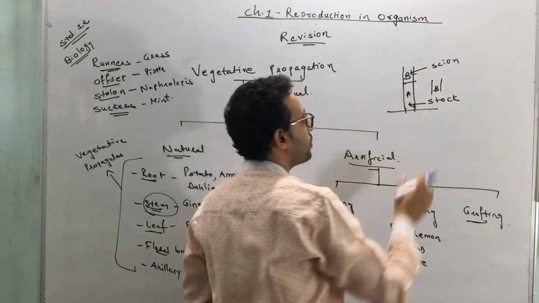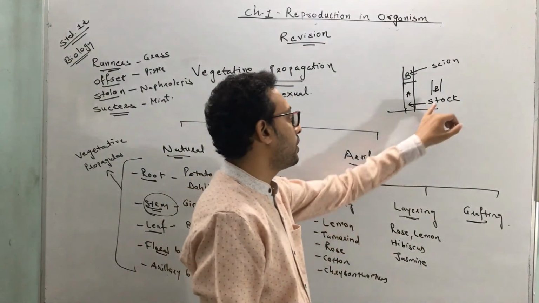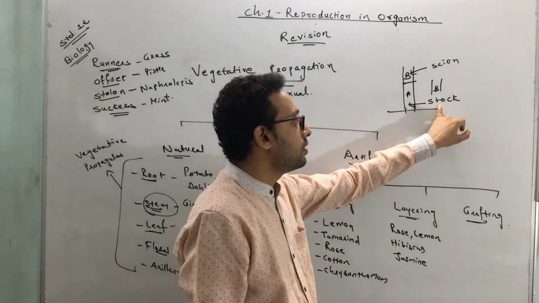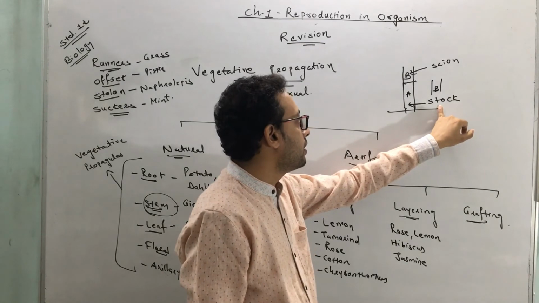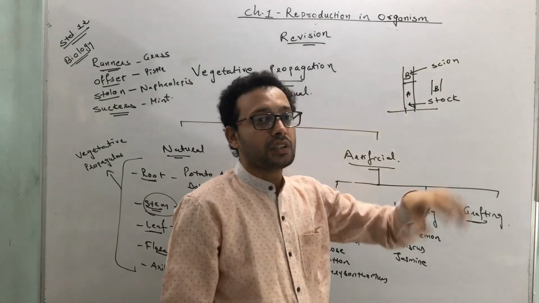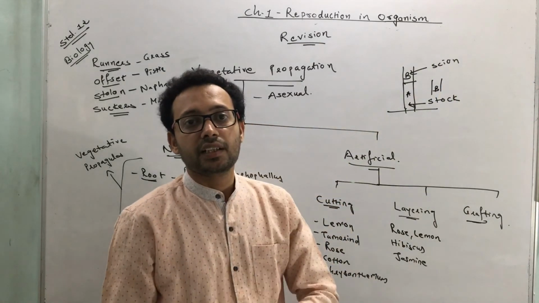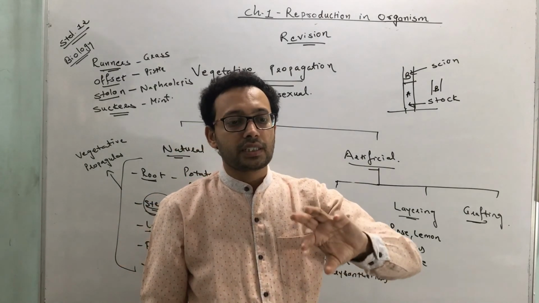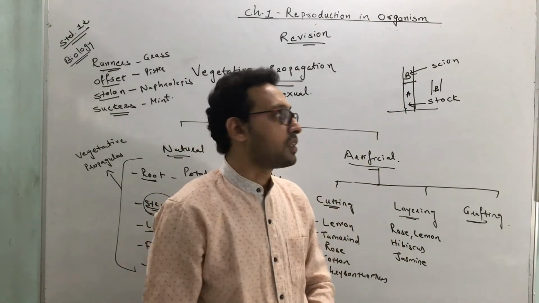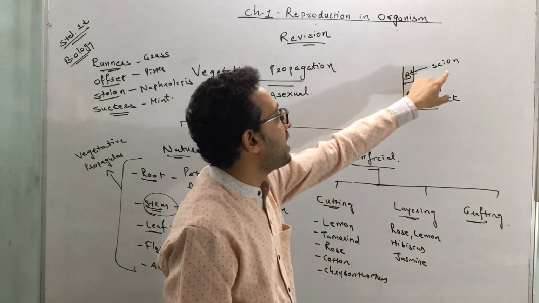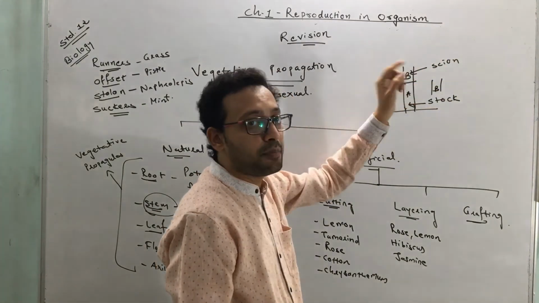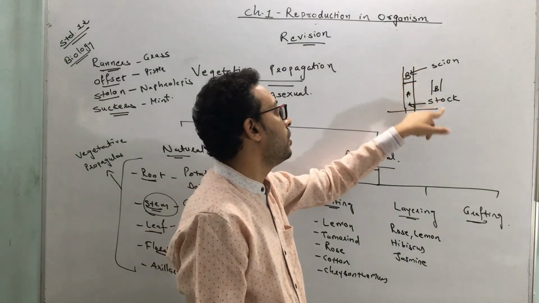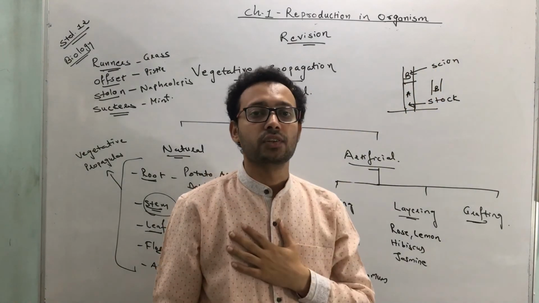The plant which is selected as the stock has very good strength for rooting, and the scion should be selected in such a way that you require its characteristic. Or you can say that the part which is going to be grafted on the stock is called the scion.